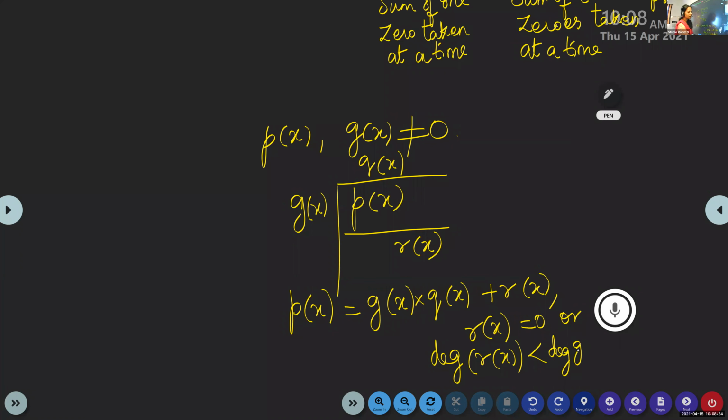The degree of the remainder will be less than the degree of g of x. This is what the division algorithm says. Whenever you are given two polynomials, we divide the bigger polynomial by the smaller polynomial, and we can find the quotient and remainder.